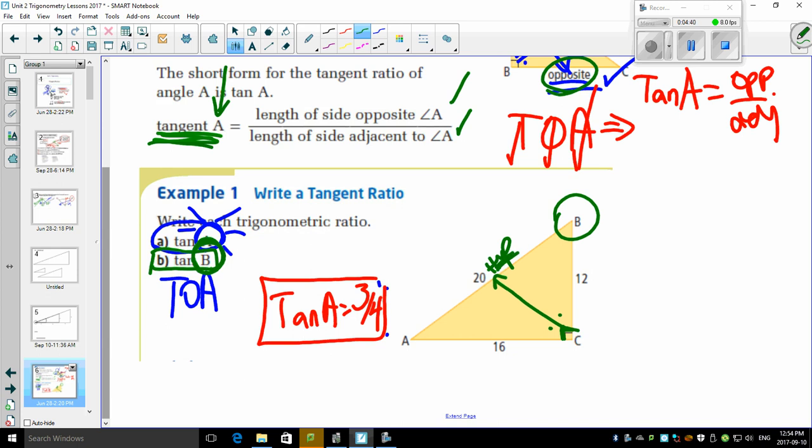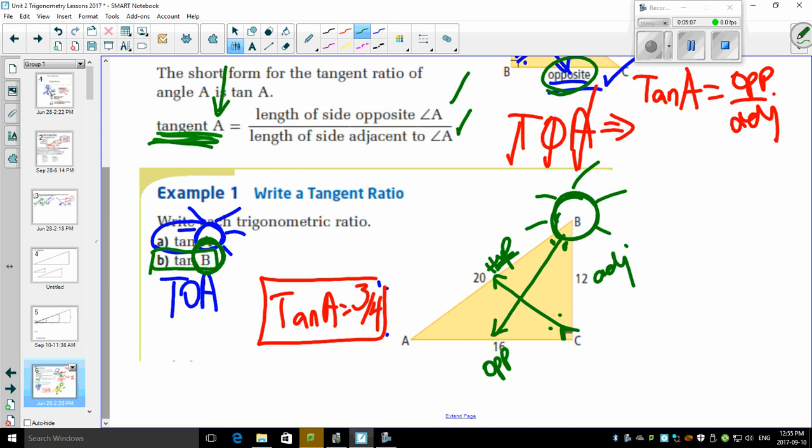But look what happens here. If you put the eyeballs on B, check out what happens. This is now opposite. This is now adjacent. Aha! So it changes depending on what the reference angle is. That's excruciatingly important. That's one of the reasons why I'm making such a big deal about labeling this.